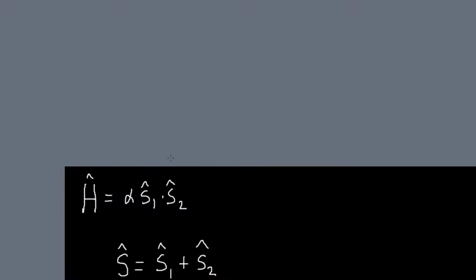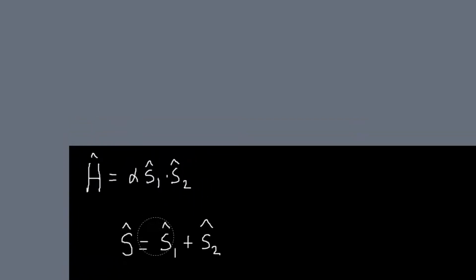So a way that we can see why that would be the case is to do a little trickery. It looks a little weird the first time you do it, but it's the standard thing you do whenever you have this kind of dot product of two spin operators. We can define a total spin operator as the sum of our individual spin operators. And these are all vector operators.